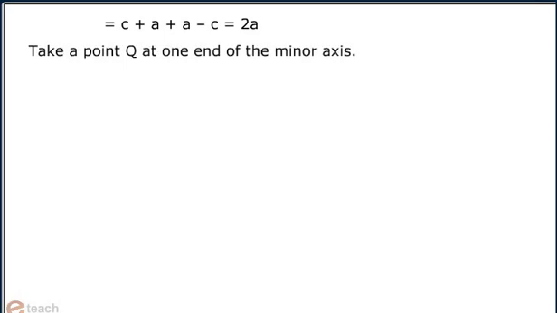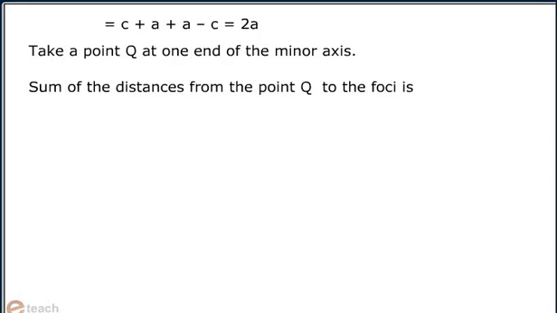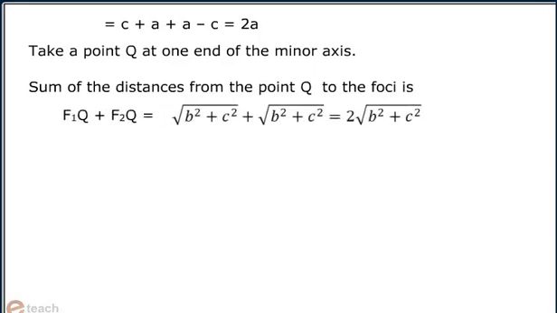Take a point Q at one end of the minor axis. The sum of the distances from the point Q to the foci is F1Q + F2Q = √(b² + c²) + √(b² + c²) = 2√(b² + c²).